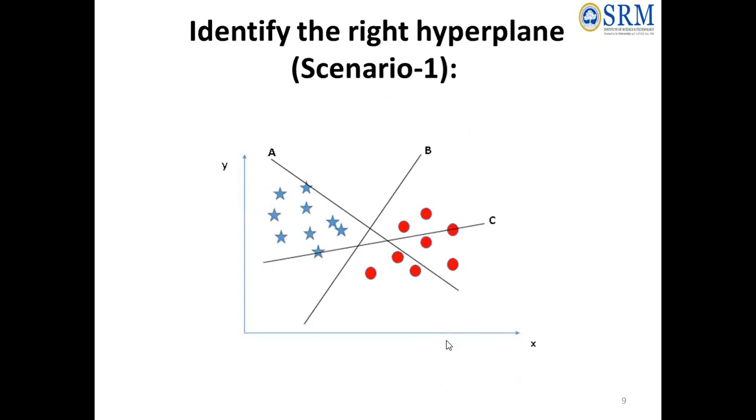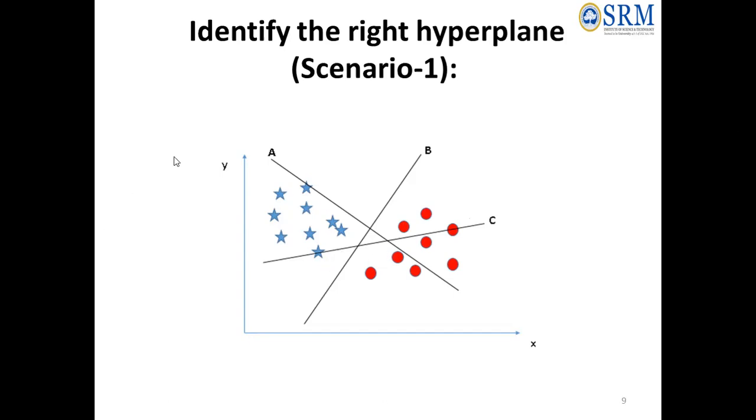We have many scenarios, and we can see each of them: scenario 1, scenario 2, scenario 3, and so on. In scenario 1, we have a figure where I have classified with A, B, C. Now our question is, which is the correct hyperplane?